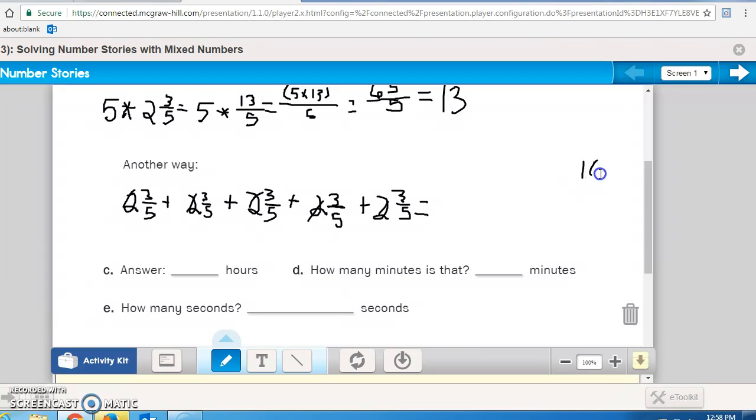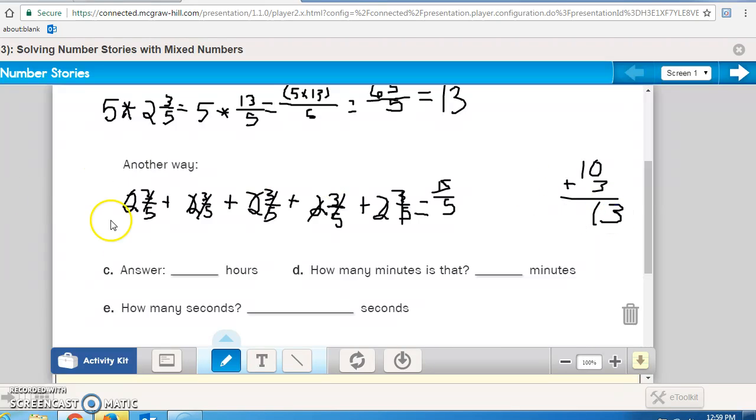There's 10 right there. And then I got 3/5, 6/5, 9/5, 12/5, 15/5, and I know 15 divided by 5 is 3, so I'd add another 3 onto there for a total of 13.